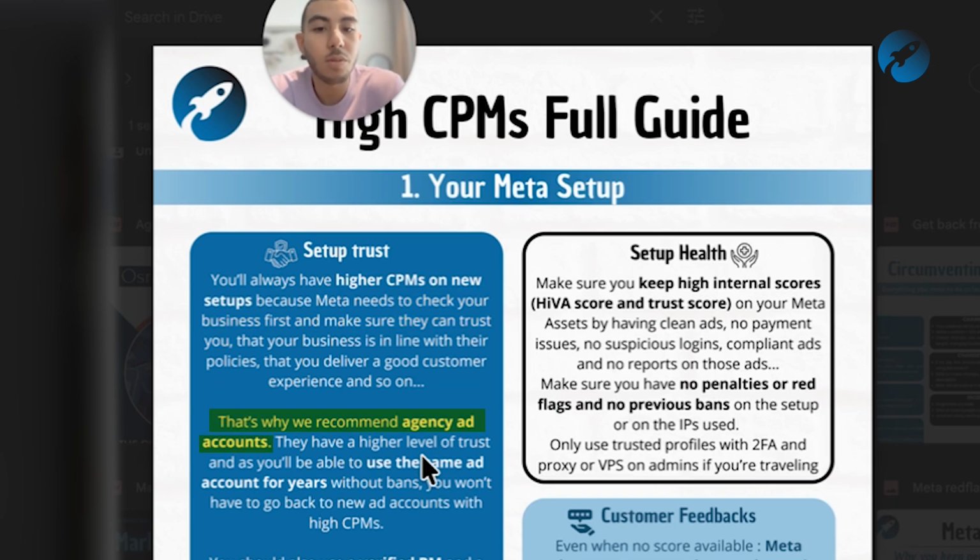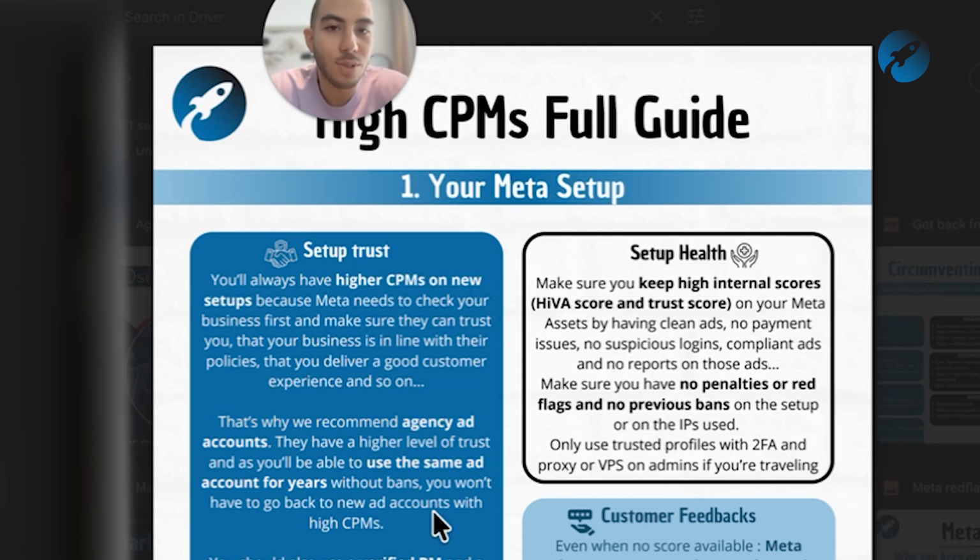That's why we recommend you to use agency ad accounts, because those have a higher level of trust, and try to use the same accounts for a long period of time, for years. This way you will not have the bad CPMs like you might have on new accounts. Also, using a verified BM and a verified page if possible would be helpful to increase the trust of your setup.